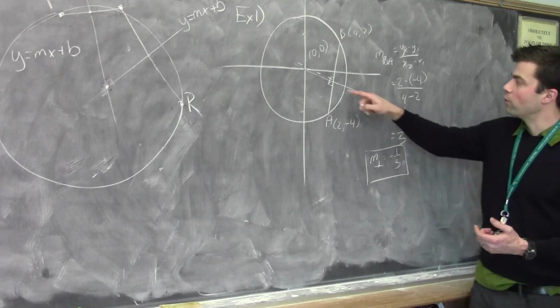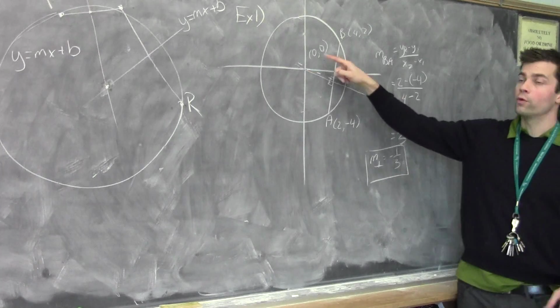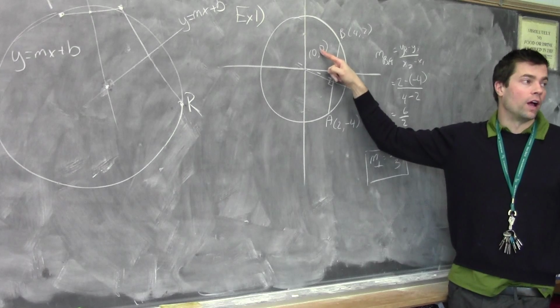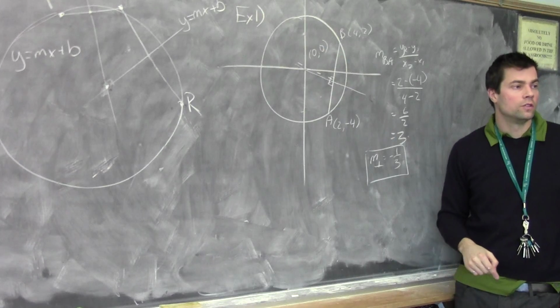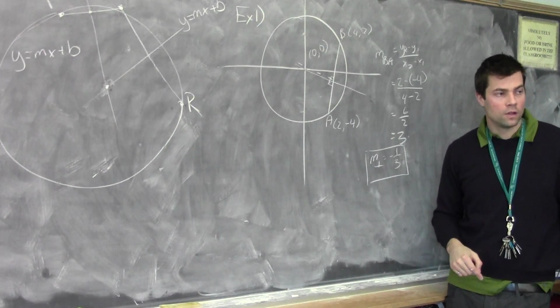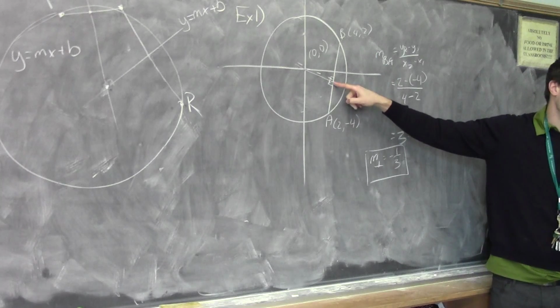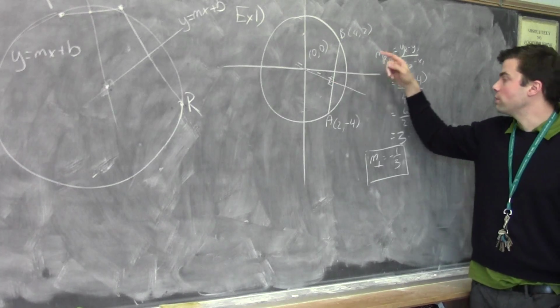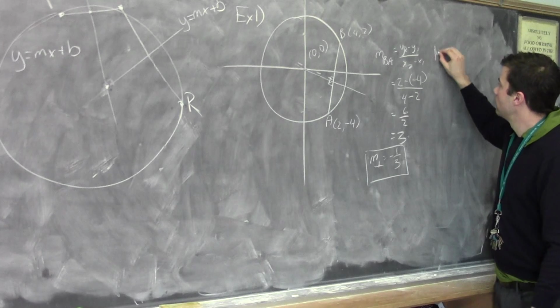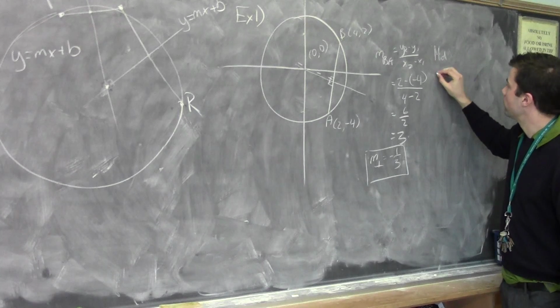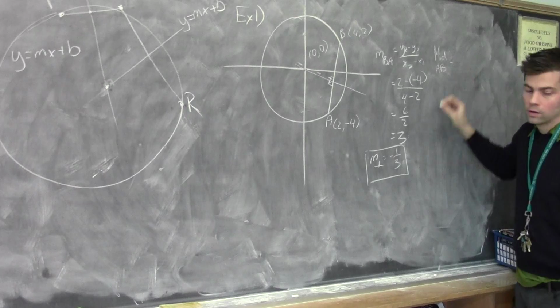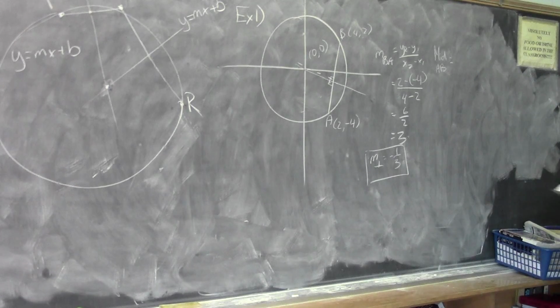So I don't know what the y-intercept of this line is. I'm trying to prove that it's 0, but I don't know that. So what point would I use? Yeah, Lucas. The midpoint? Good, the midpoint, because we know it's the right bisector. So we need to find the midpoint of AB, and for that we use our midpoint formula.